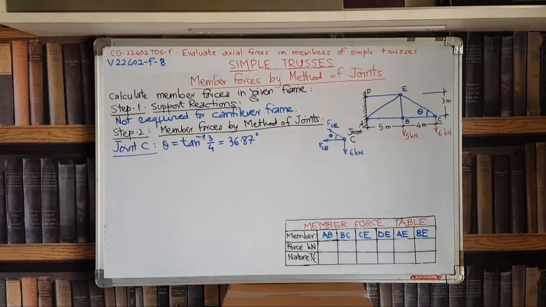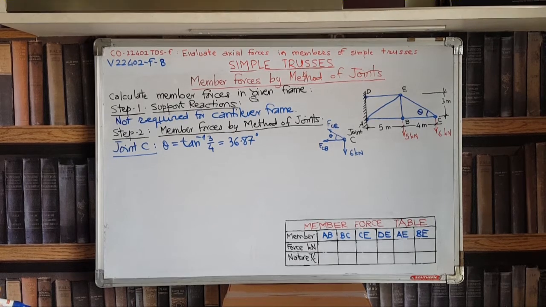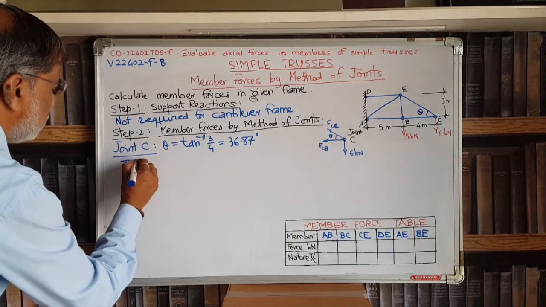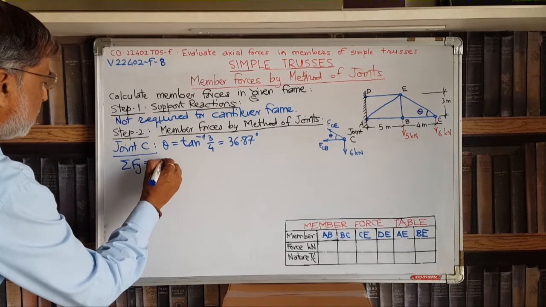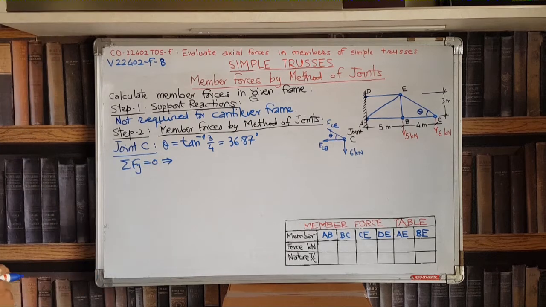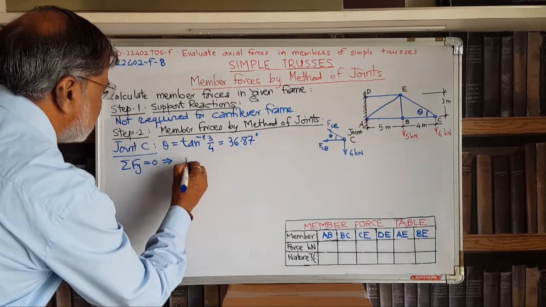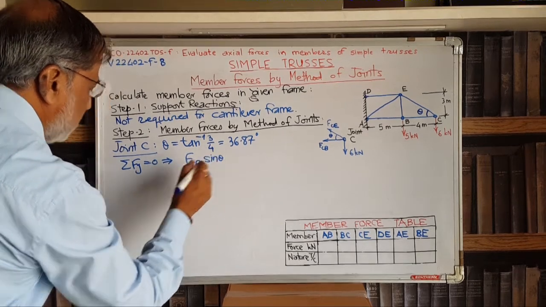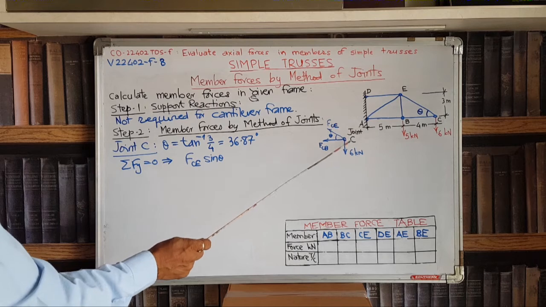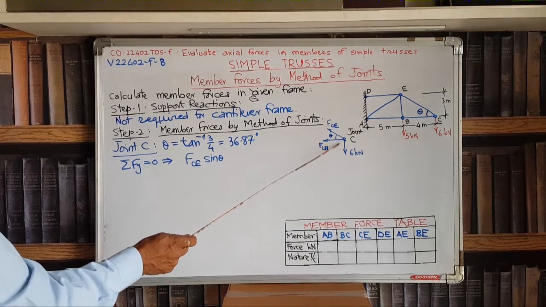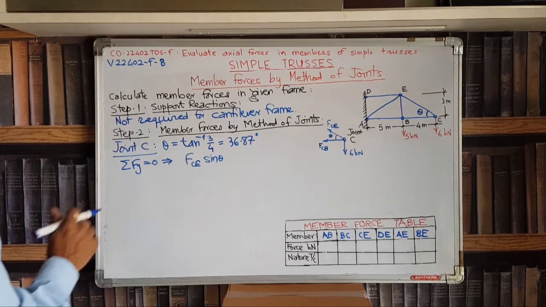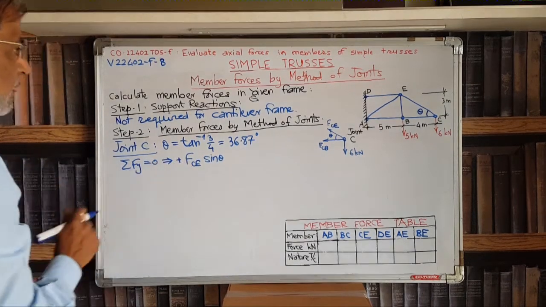Now we will start with the conditions of equilibrium. We are free to use any condition of equilibrium first. So we will apply sigma Fy equal to 0 first. So this condition gives us FCE sin theta. The component of FCE is in oblique direction, so its y component will be FCE sin theta. It will be upward, so it will be positive.